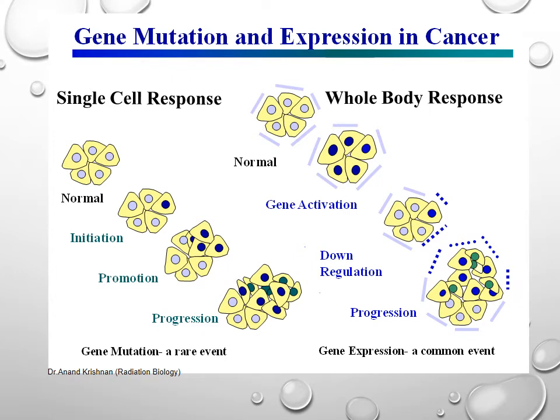So how does this gene mutation occur as a single response, and how does the whole body respond to this? To understand this, we have to understand the sequence of the radiation injury, how it occurs. Initially, like we talked about, during ionization there is a chemical reaction that leads to free radical formation, which follows the absorption of radiation at the molecular level.